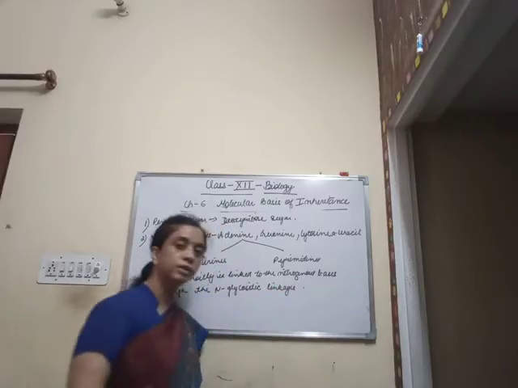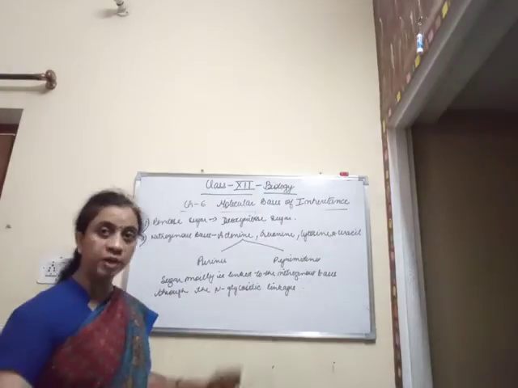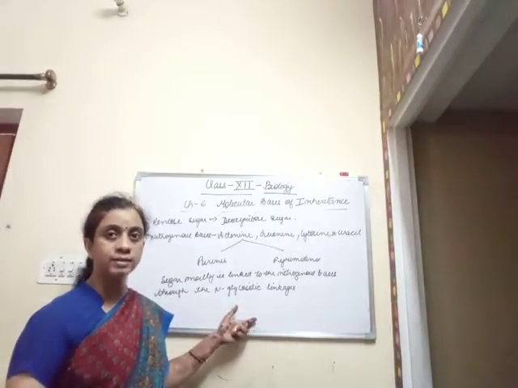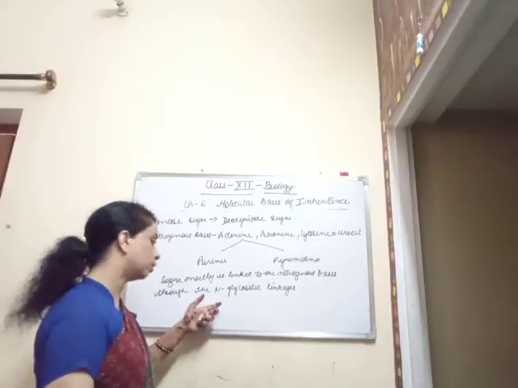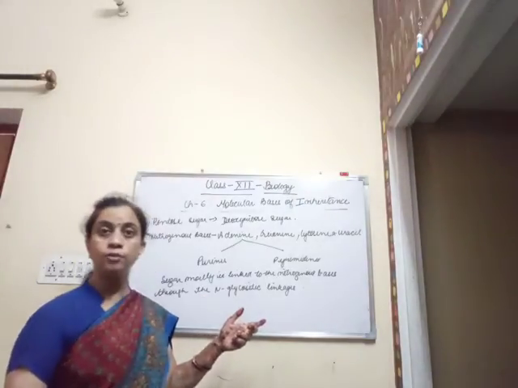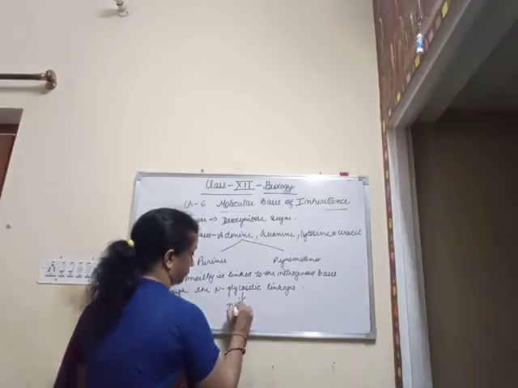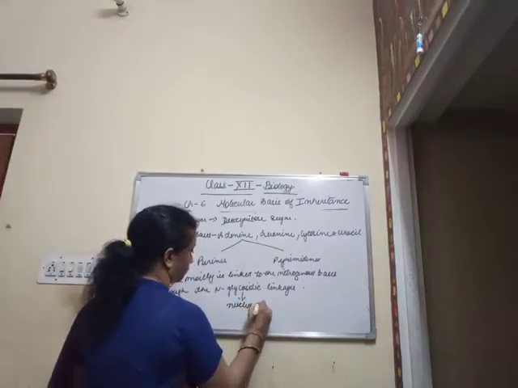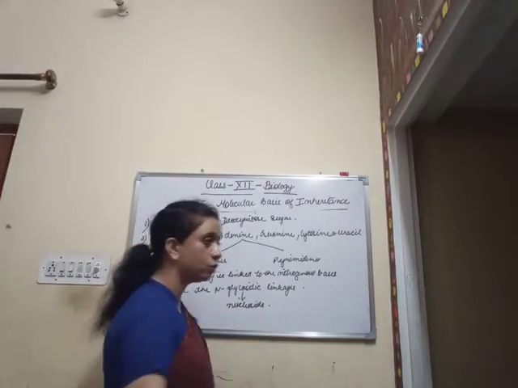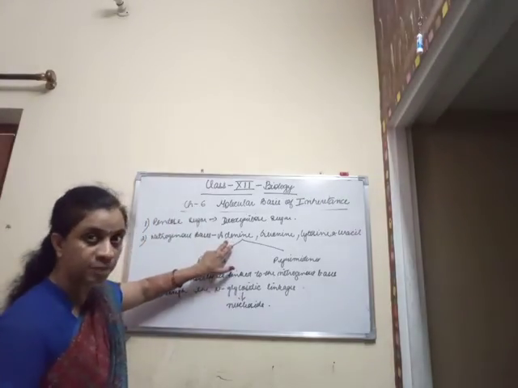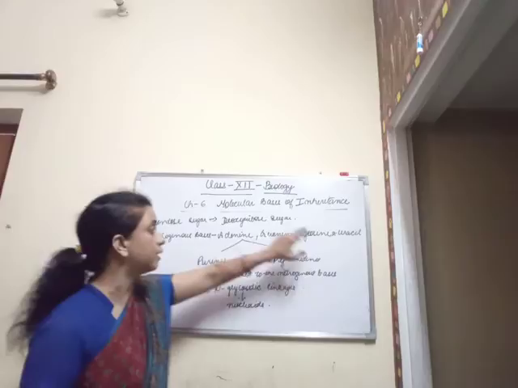Clear? This combination of a sugar moiety, that is a pentose sugar, and the nitrogenous base forms a nucleoside. As I said, there are four nitrogenous bases, that is adenine, guanine, cytosine and uracil.